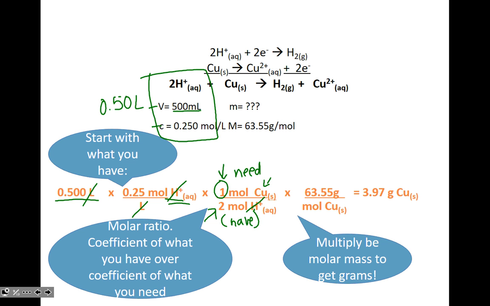That's why the 1, which is taken from here, goes there. And then I multiply by the molar mass so that the moles of copper cancel out and I get my answer in grams. This time the grams is on top so that the moles cancel out and you get your answer to 2 decimal places. That's fine. I'm not going to do significant digits or anything like that.